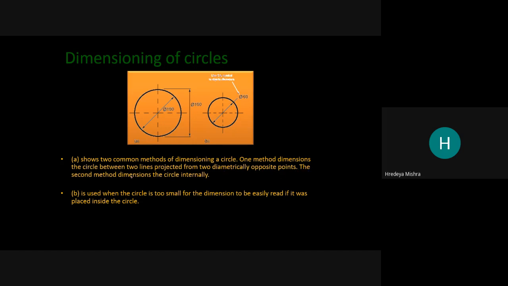The second method is on the circle internally. It is used when the circle is too small for the dimensioning, so we can't write the dimension inside the circle, so we can use this method.